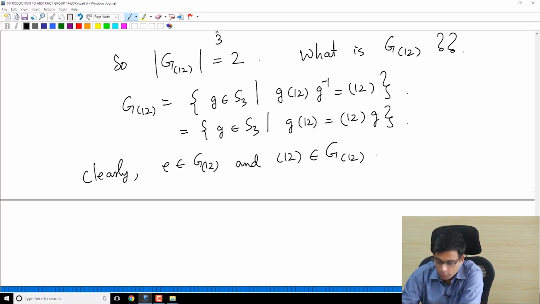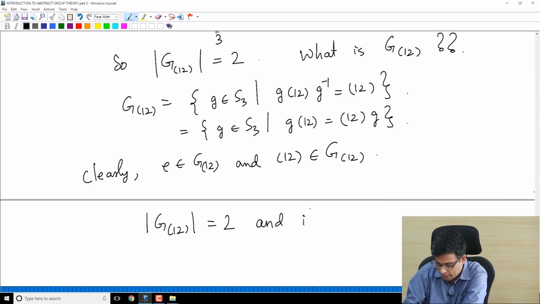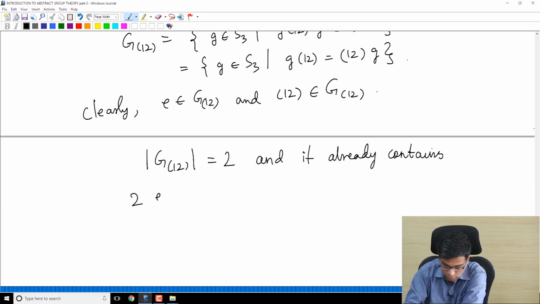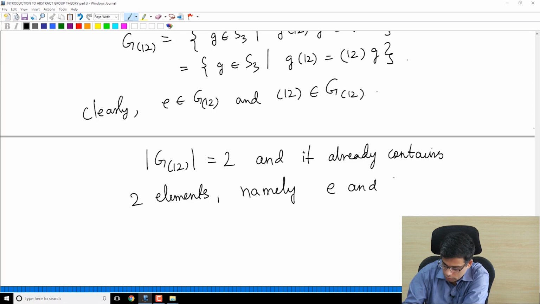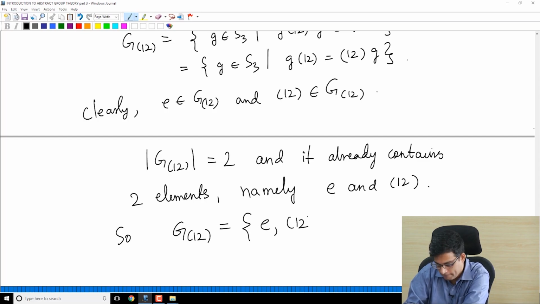Because E certainly commutes with (1 2) and (1 2) commutes with (1 2). But the order of G(1 2), the stabilizer, is 2 and it already contains two elements, namely E and (1 2). So the stabilizer of (1 2) must be E and (1 2).